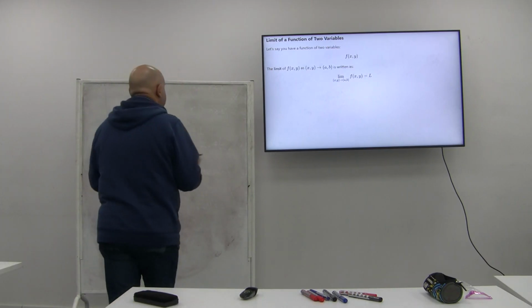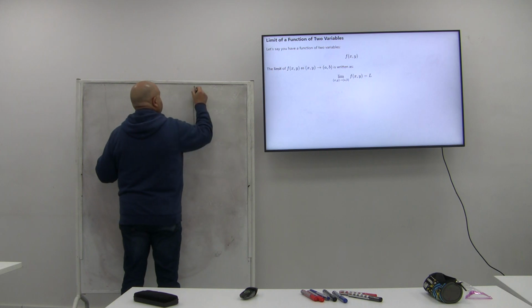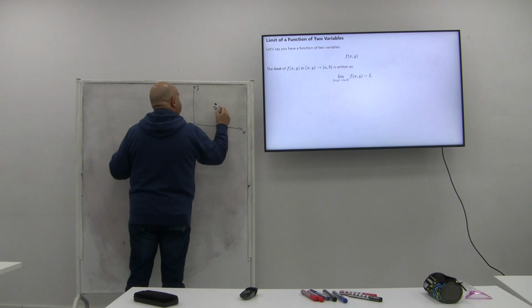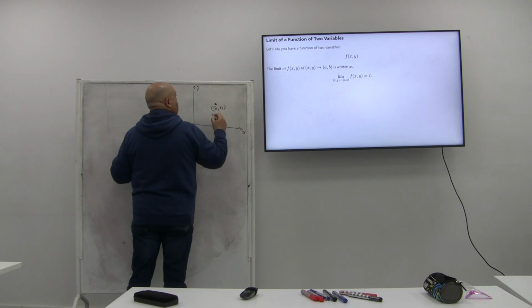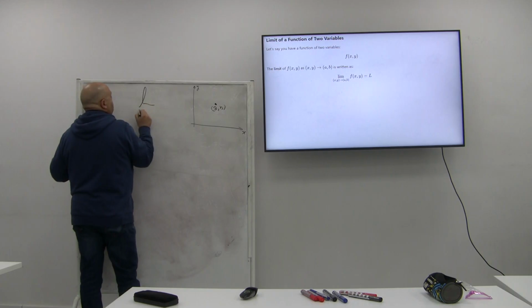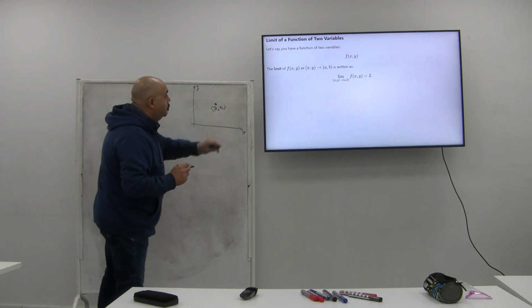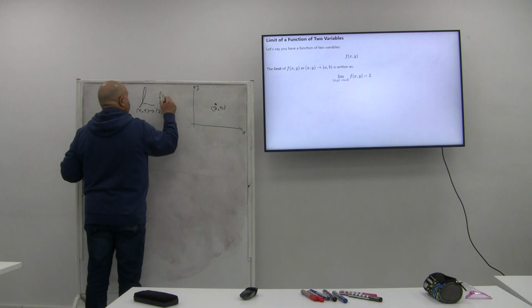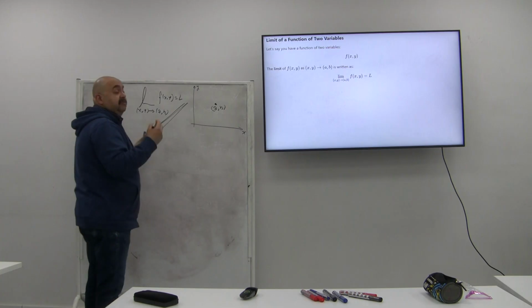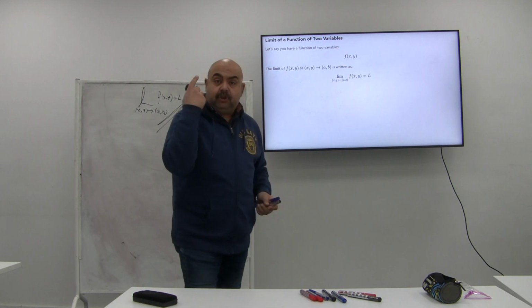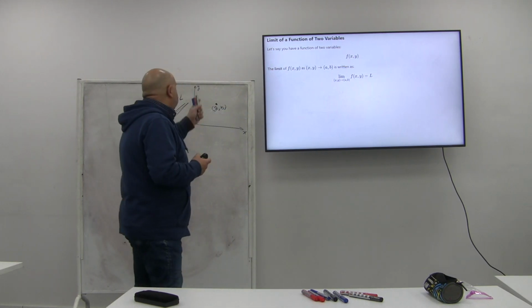So if this is the y-axis, and that's the x-axis, and that's the point A and B, and you want to get the limit of x and y going near A and B for the function f of x and y, which is going to equal L, this limit will need further investigation, as we will see.